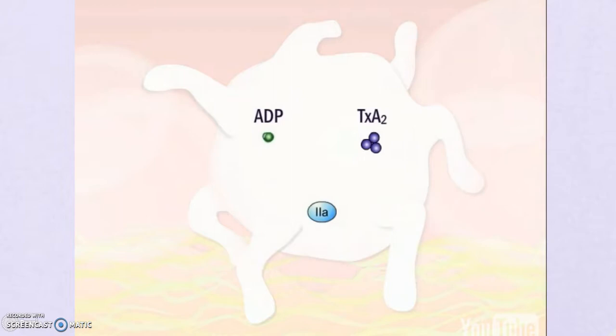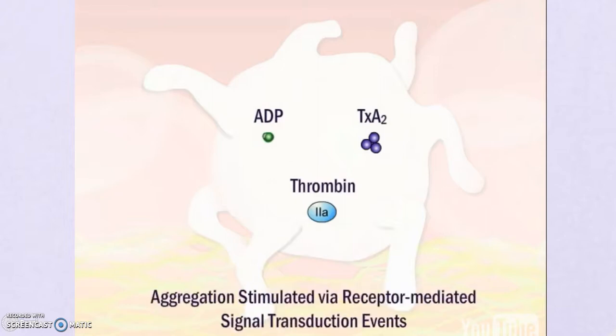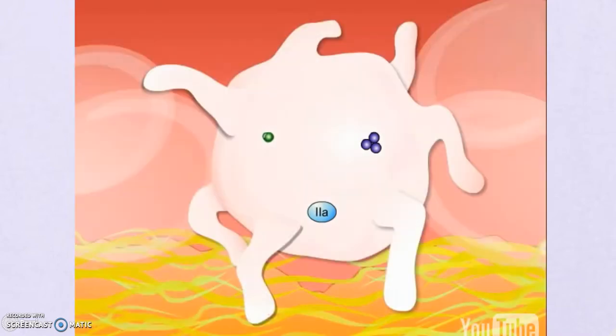ADP, thromboxane A2, and thrombin bind to specific platelet membrane receptors and stimulate aggregation on and around the platelets adherent to the subendothelium via receptor-mediated signal transduction events. Aggregation is an active metabolic process.